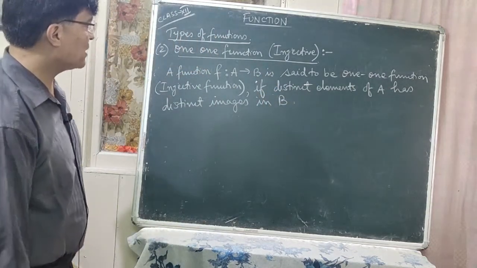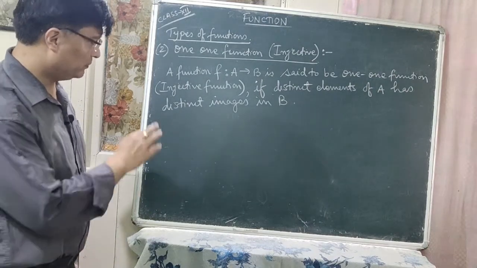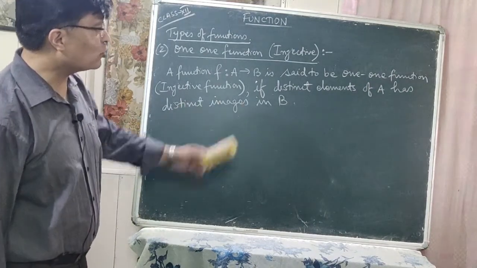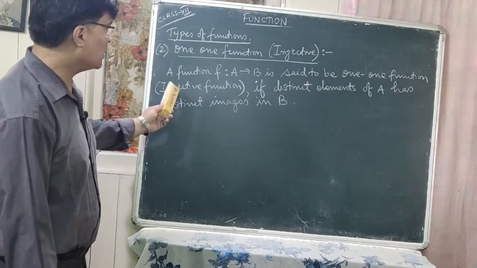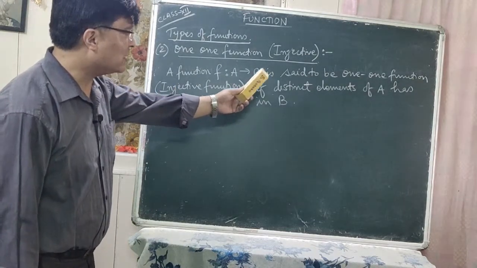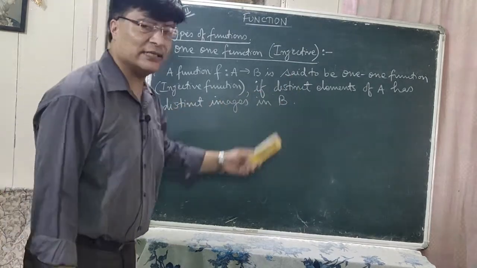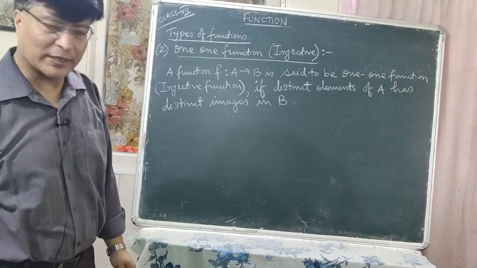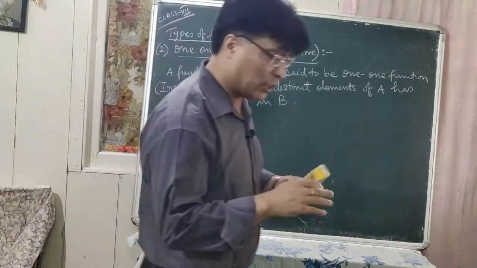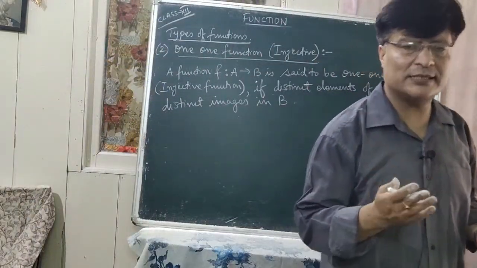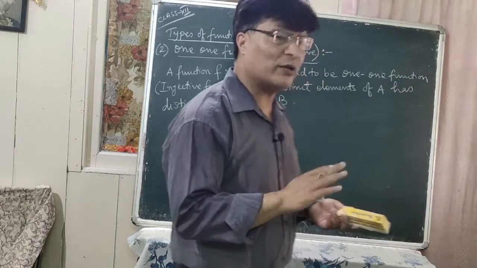A function f such that a to b is said to be 1-1 or injective if distinct elements of the set a have distinct images in set B. Okay, so a function is given and you have to prove that it is 1-1. How can you prove that?